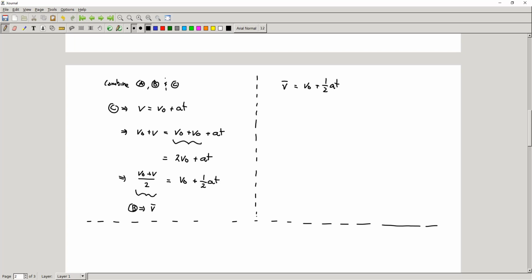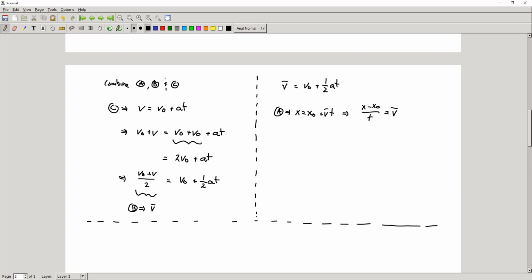And equation A tells us that X is equal to X naught plus V bar T, right? So we can rearrange this to give us X minus X naught over T is equal to V bar.